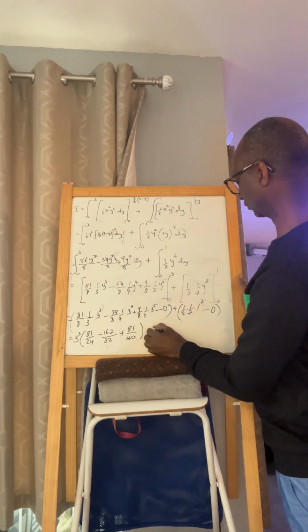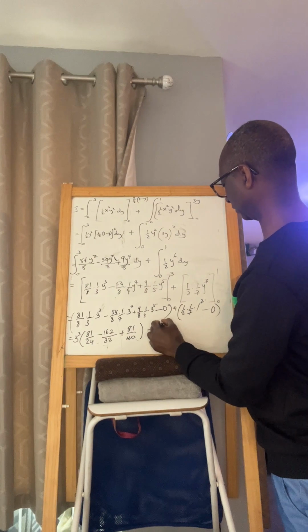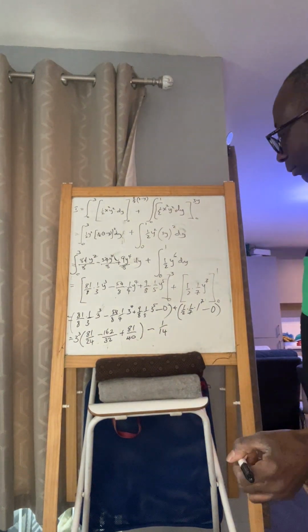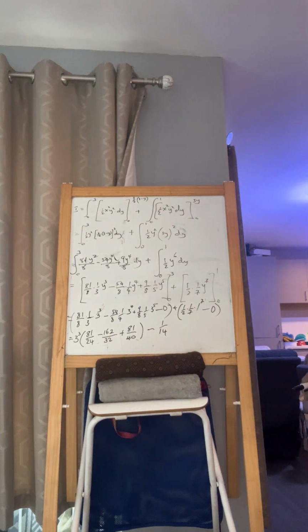That one is gone, and this one here, 1 all over 14, minus 1 all over 14. So you just need to simplify this, and then you get your final answer.